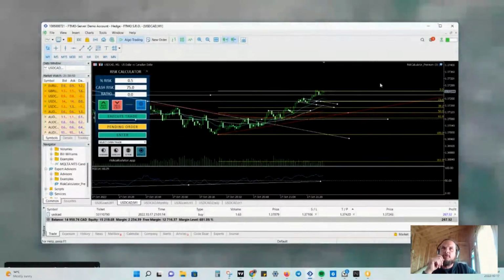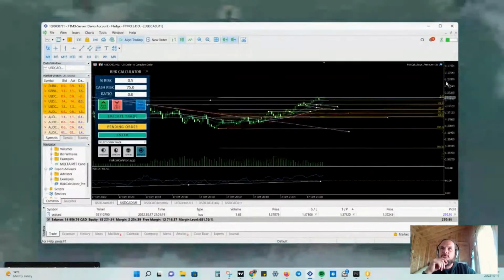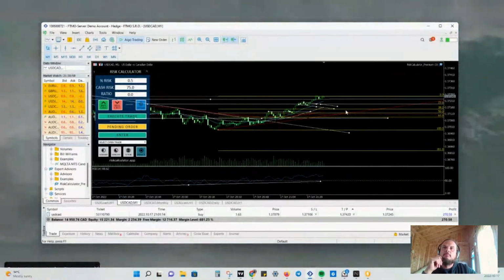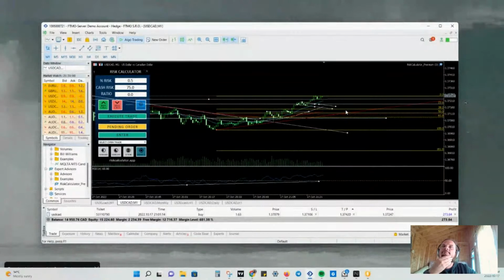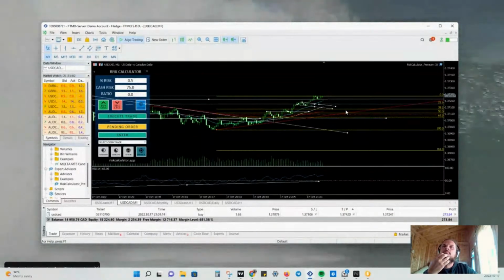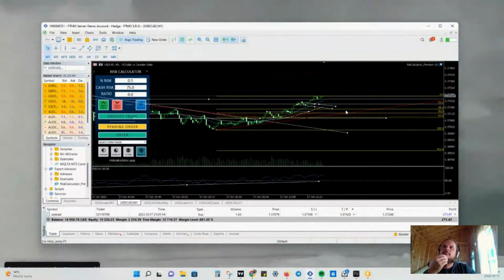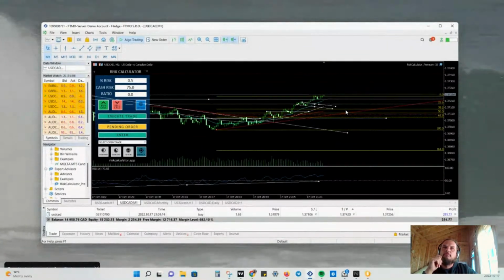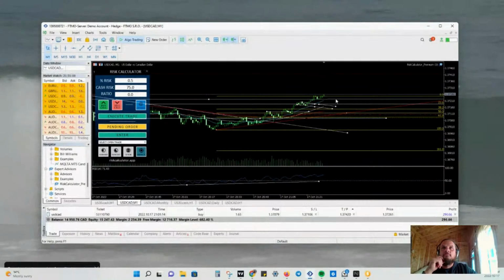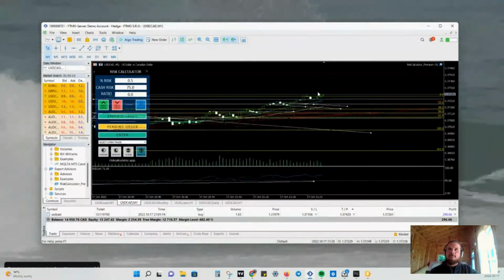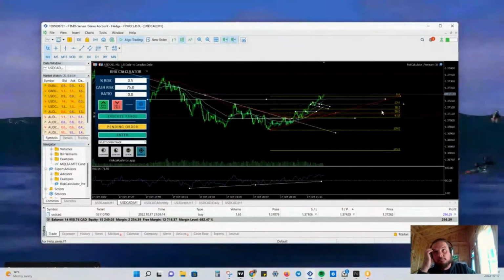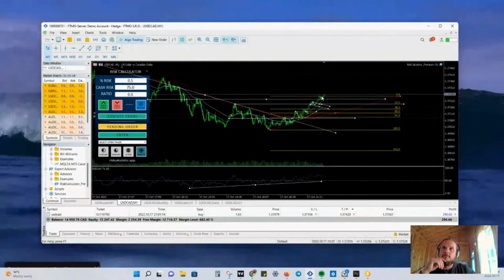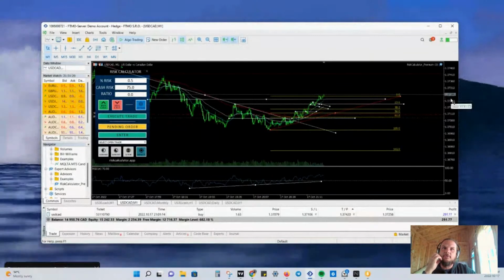All right, so can we push? Can the buyers break through? Let's go. So that was a classic retest of this area, and it looks like it's going to push through.